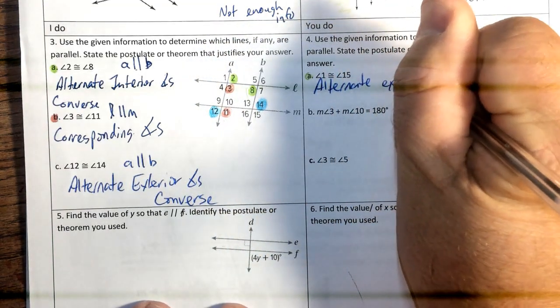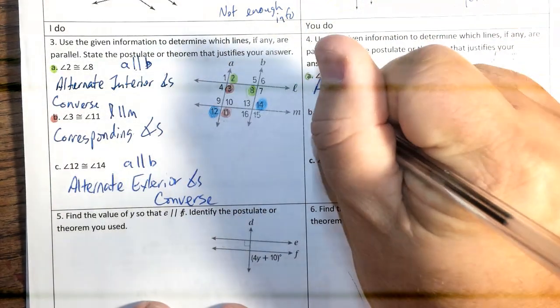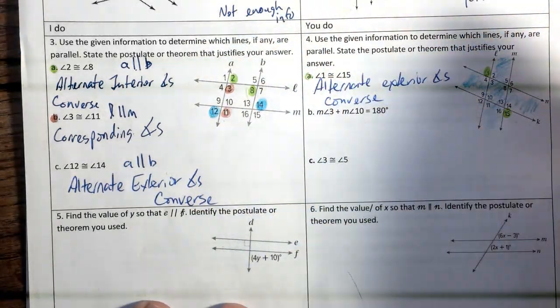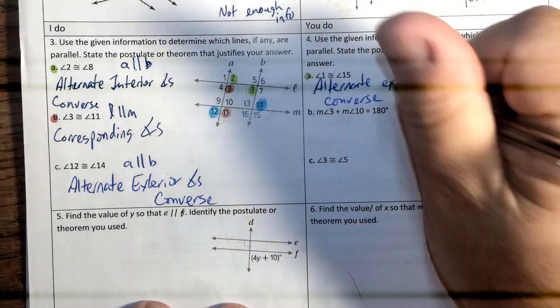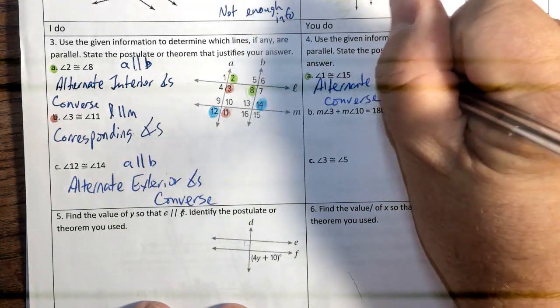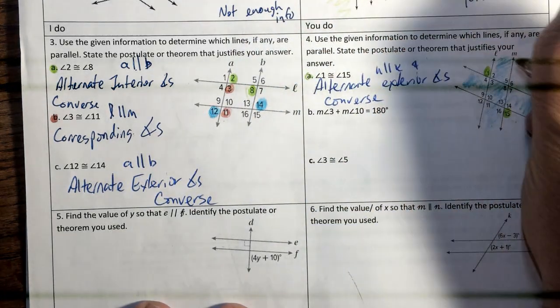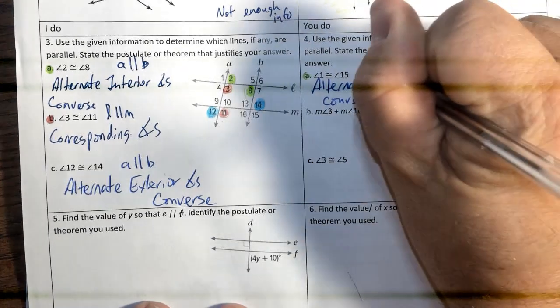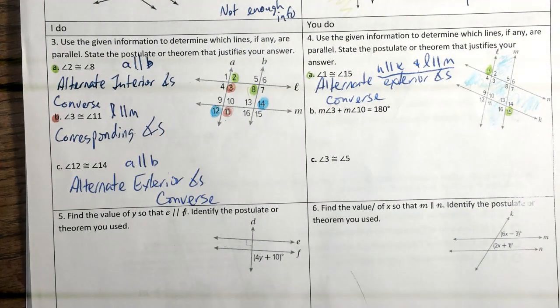This is the converse again because the angles prove the lines. And this actually goes for N, K, and L, M. A little bit of a trick question.